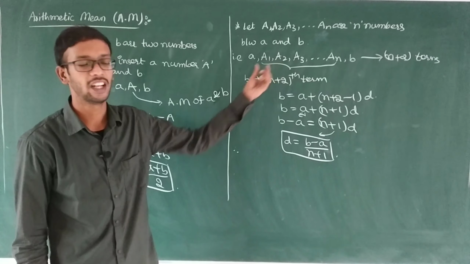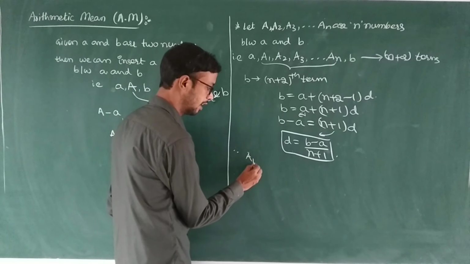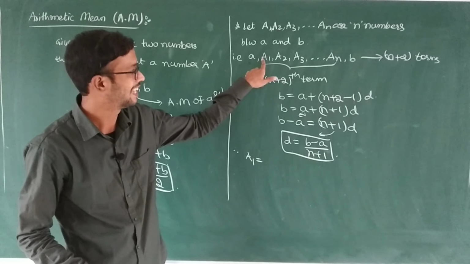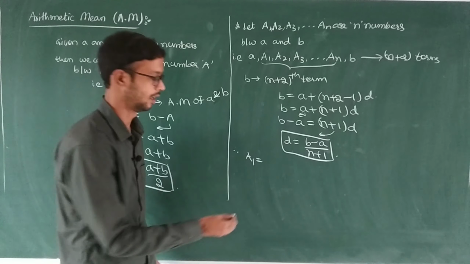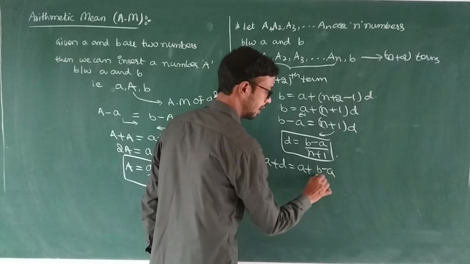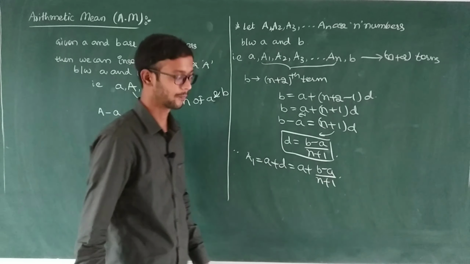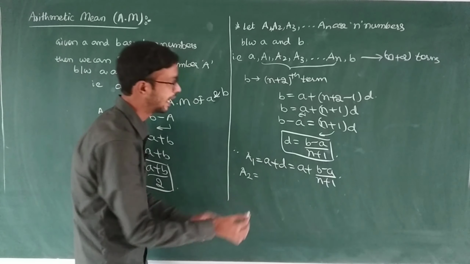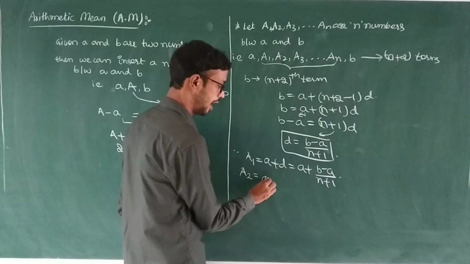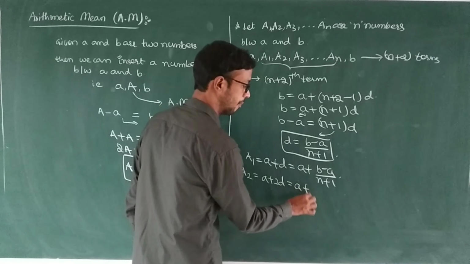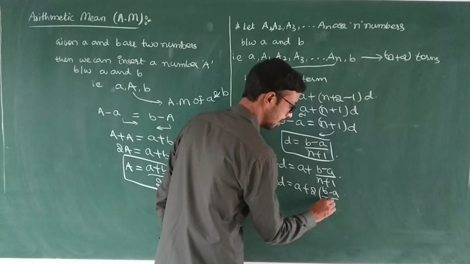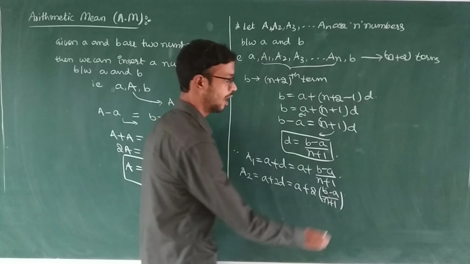Here the n numbers between A and B: A1 is equal to which term? First term, second term. Second term of the AP, A plus D. So D is (B minus A) by (n plus 1). A2 is the third term, so A plus 2D, A plus 2 into (B minus A) by (n plus 1). And so on.